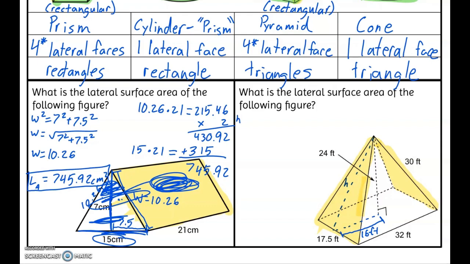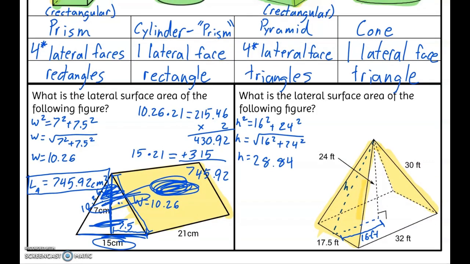So height squared equals 16 squared plus 24 squared. Well, to get h by itself, we square root, so we square root 16 squared plus 24 squared. So the height of that triangle up in front is 28.84. Okay, so this height right here is 28.84.